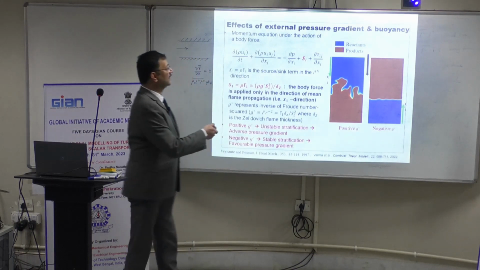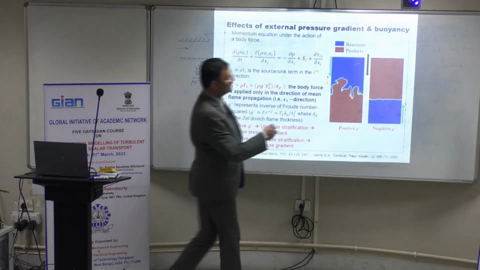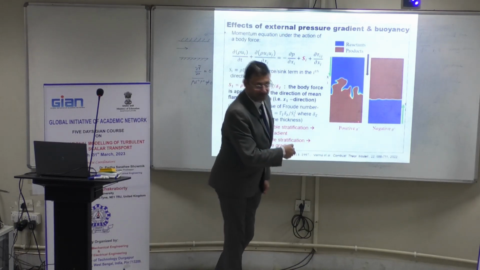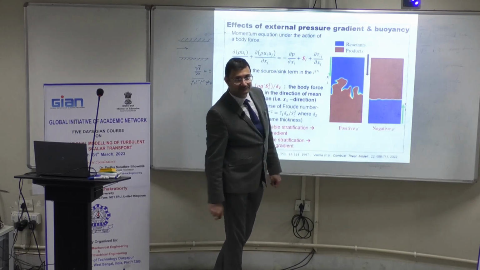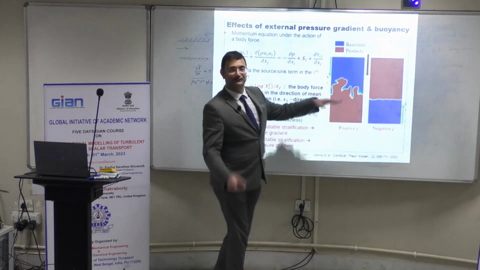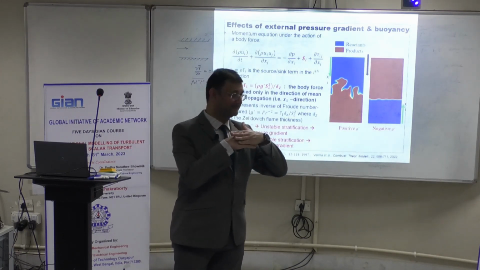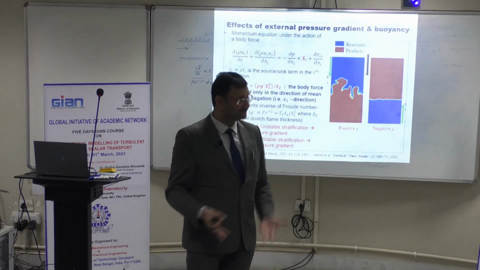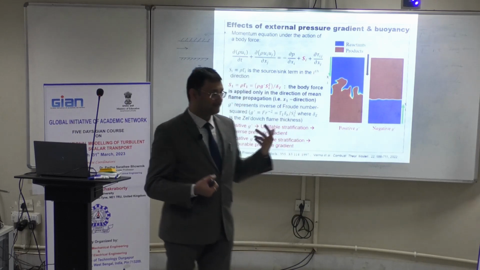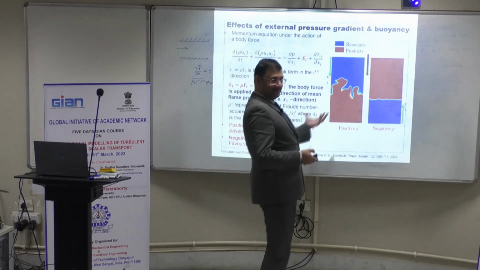So body force acting in this direction. Now heavier reactants are sitting on top of lighter products. It's an unstable configuration. You know that heavier fluid cannot sit on top of a lighter fluid. That basically gives rise to natural convection, right? So all those instabilities will actually appear here.